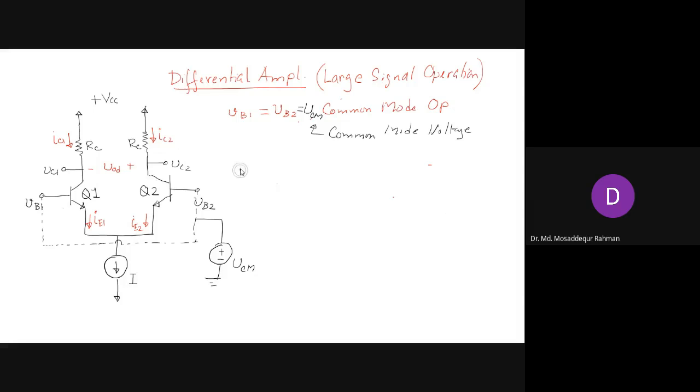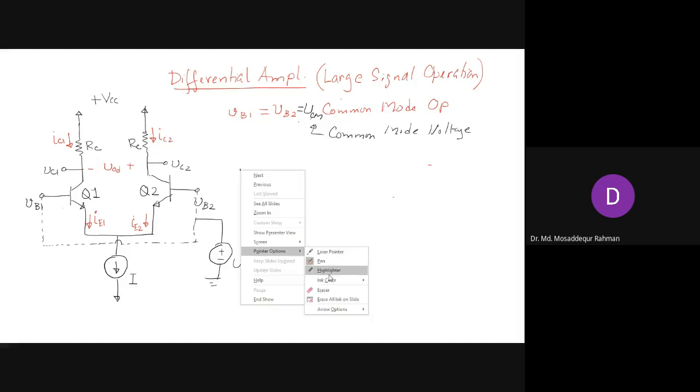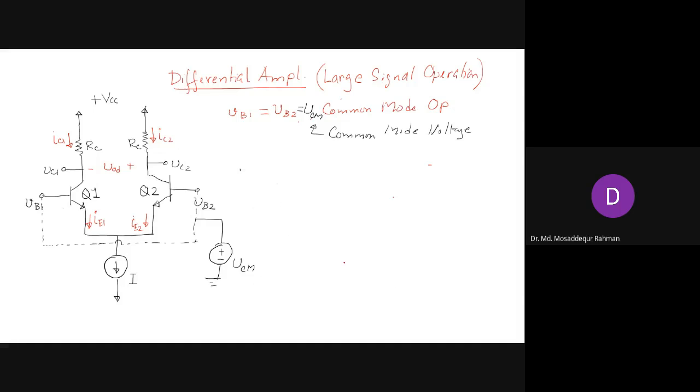So what we'll have here is a forward bias voltage drop VB, and also a forward bias voltage drop VB. So let's call this one VB1 and this one VB2.